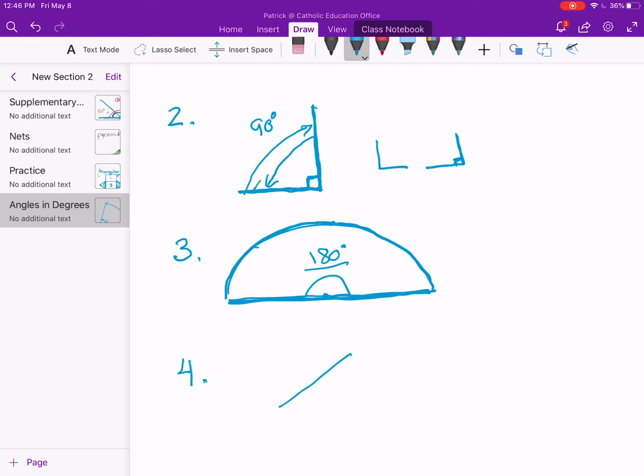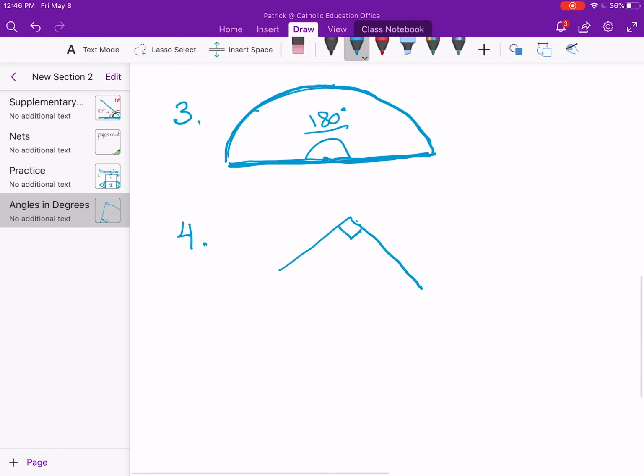Let's do this one. All right, so this time I want you to try to draw this the best that you can in your workbook. Mark down how many degrees you think it is, and then pause the video, and then come back when you want to check your answer.